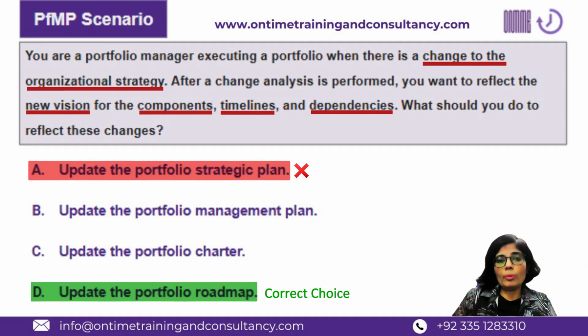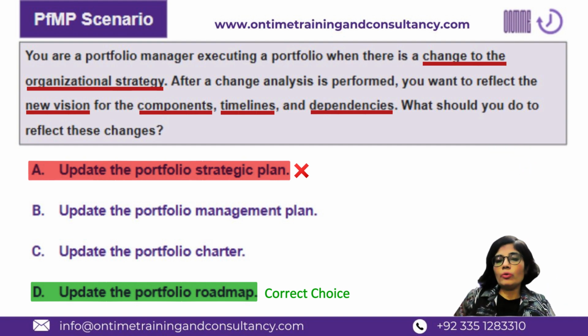Yes, I know some of you would say that high level dependencies, high level timelines, high level components, and high level benefits are there in strategic plan as well. But those are high level. Your portfolio is already up and running. So we will not go with an artifact which is high level in nature, especially when we have a better answer available.